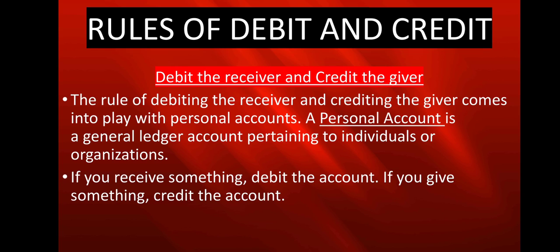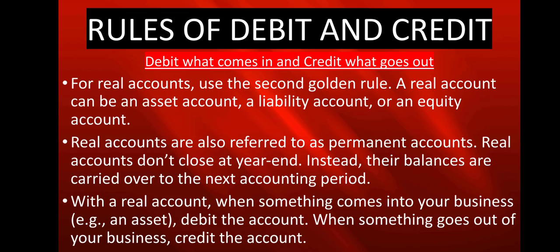Okay, so we have completed with personal account rules of debit and credit. Let us go to the next account. Do you all remember the account? It is real account. The rules of debit and credit under real account: debit what comes in and credit what goes out.